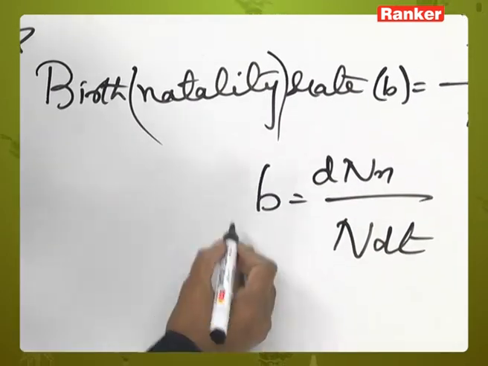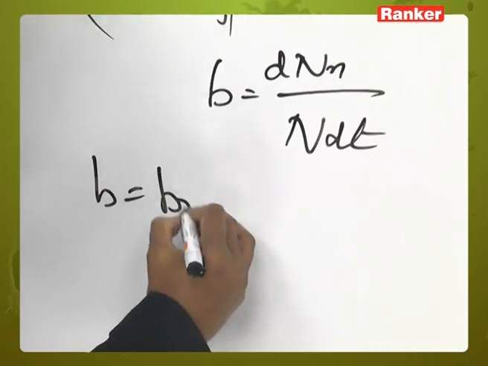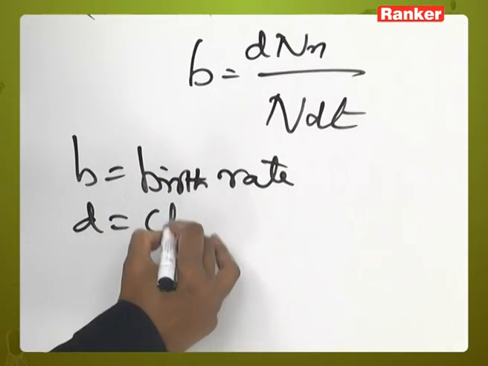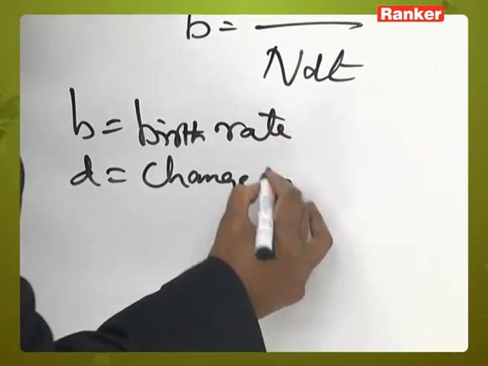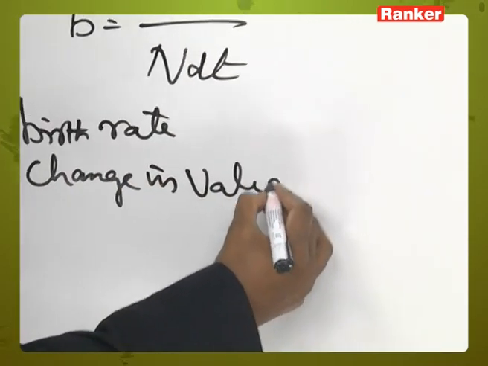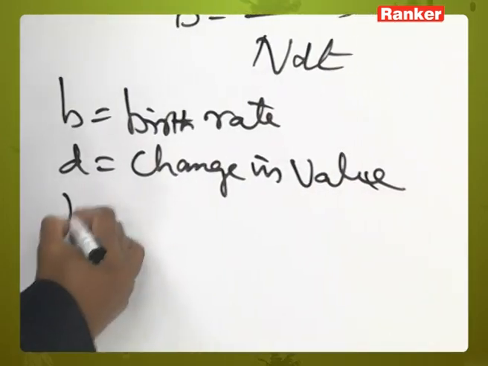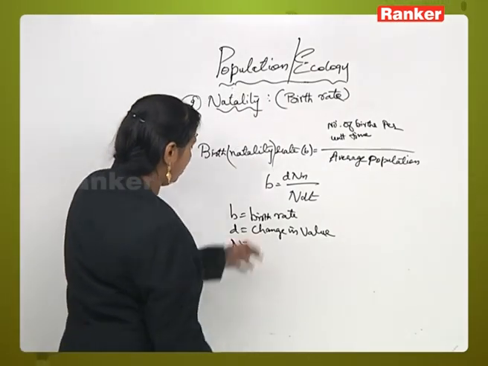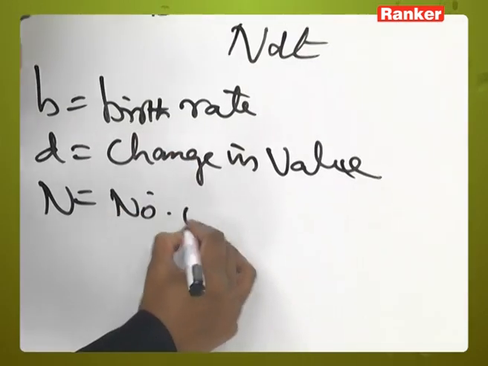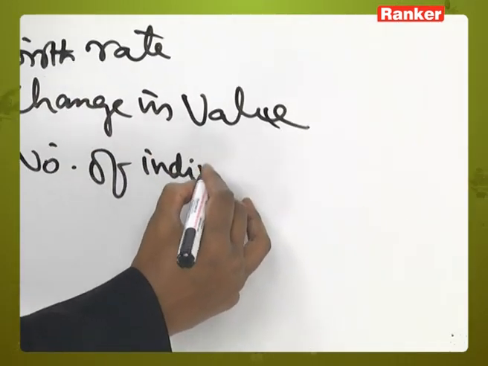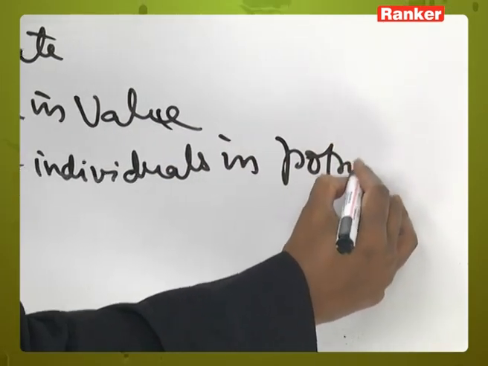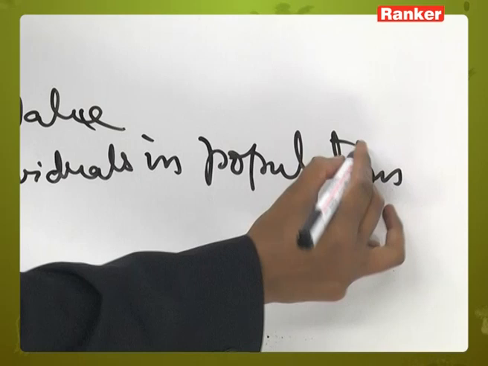where B is birth rate, D is change in value, next capital N is number of individuals in the population. These formulas are very important.